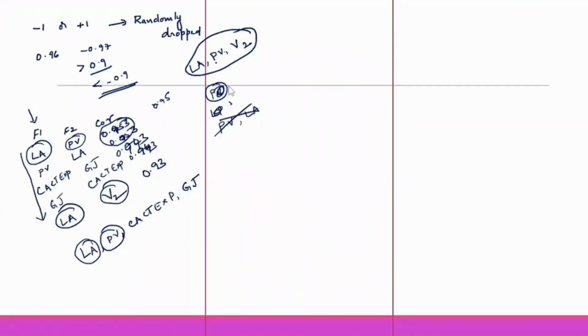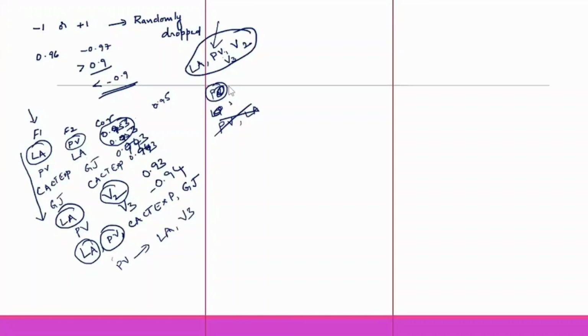Or if there is one more PV pair with a V3 with a minus 0.94 kind of number, then when I'm starting off with PV, I see the partners are LA and V3. PV is already added to one group, and LA is already a part of that group. So we add V3 also to this group. Like that, we will keep adding to the groups.